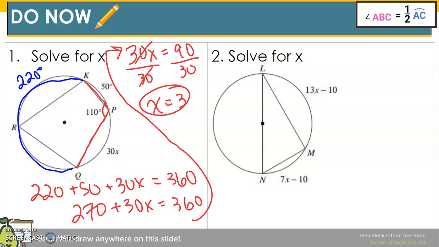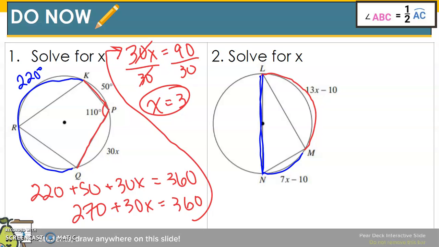Number 2, we're going to solve for x yet again. So we know that LM is 13x minus 10, and we know that MN is 7x minus 10. But we also know that these two arcs create half of this circle.